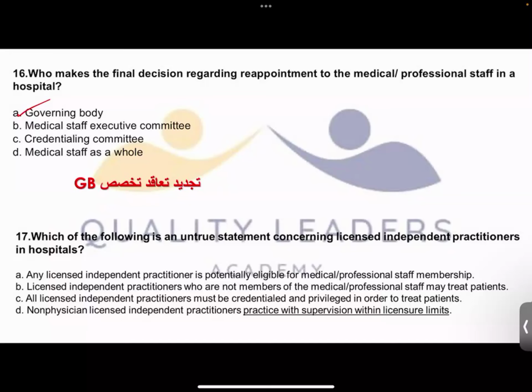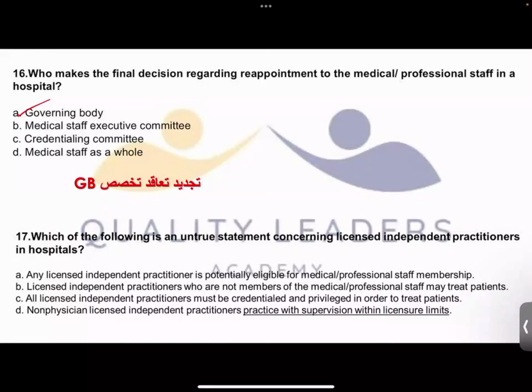C, all licensed independent practitioners must be credentialed and privileged in order to treat patients. D, non-physician licensed independent practitioners practice with supervision within licensure limits. What's the answer? The wrong answer is D. Okay, the answer here is letter D.